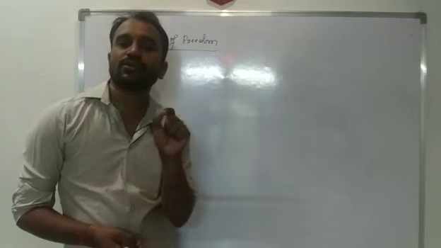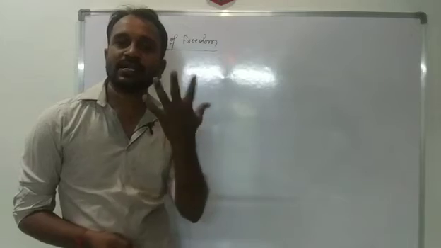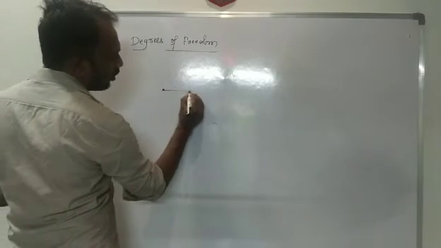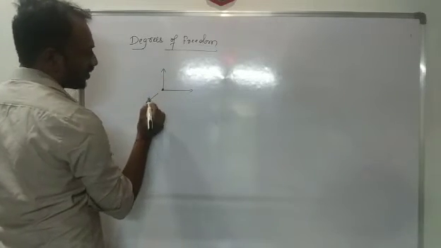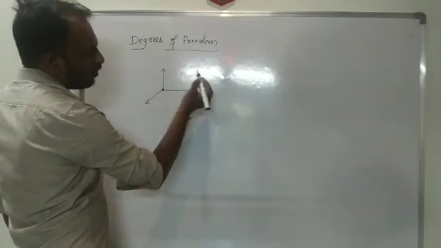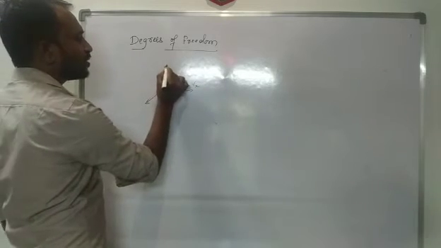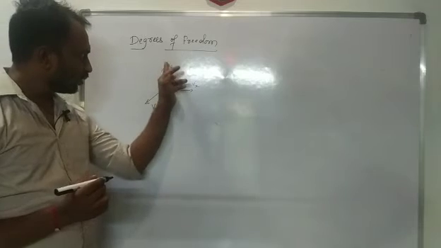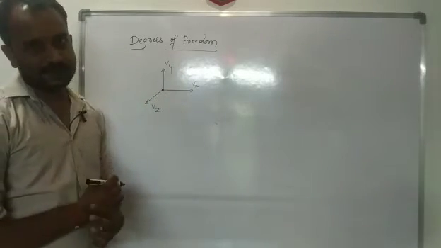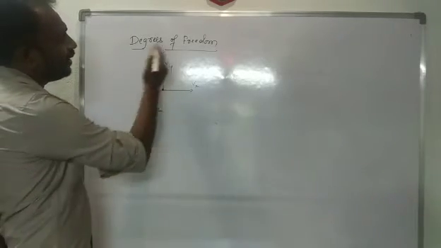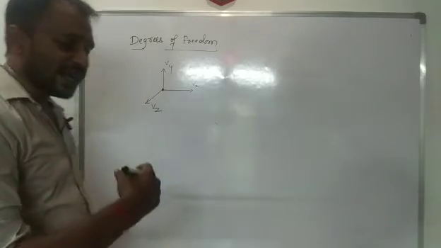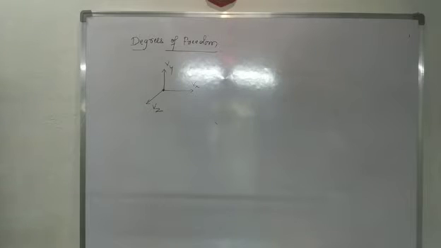This is a single molecule traveling along x, y and z axes. Its velocity along the x-axis we consider vx, along the y-axis vy and along the z-axis vz. So degrees of freedom means these molecules travel freely along the x, y and z axes, gaining energy.